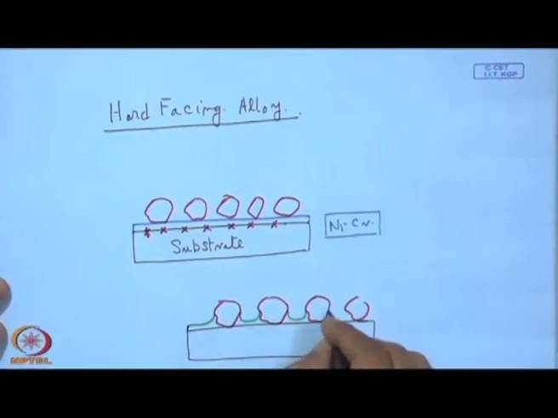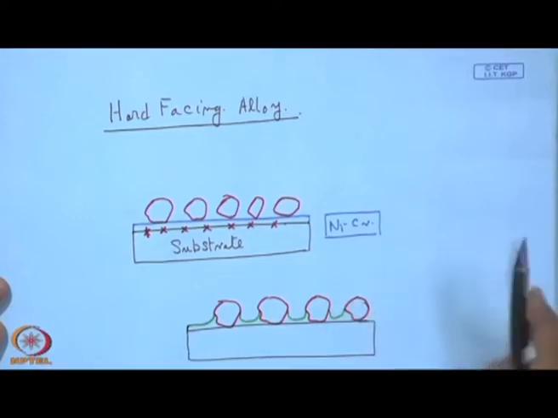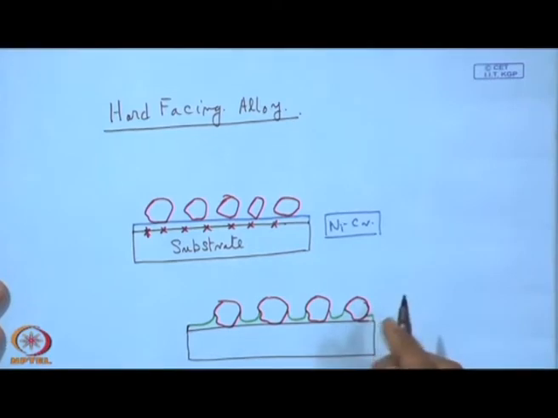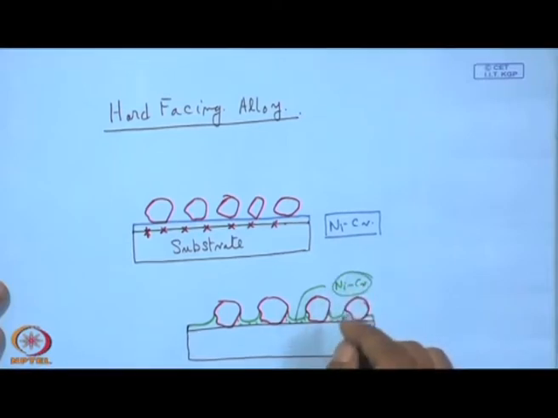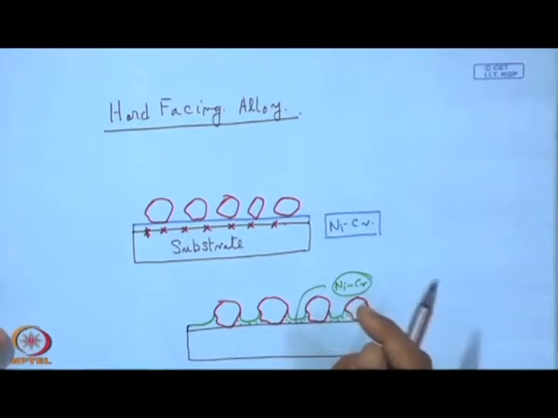It is just by wetting action that we can get a good holding of the diamond, and this can be used as an abrading surface in many applications. And this layer, which we have shown by this green line, is actually this nickel chromium bond, and this is quite hard and wear resistant, and that can combat the abrasive action over this alloy. So, this way it can also be conveniently used for bonding diamond crystals for many abrading actions.